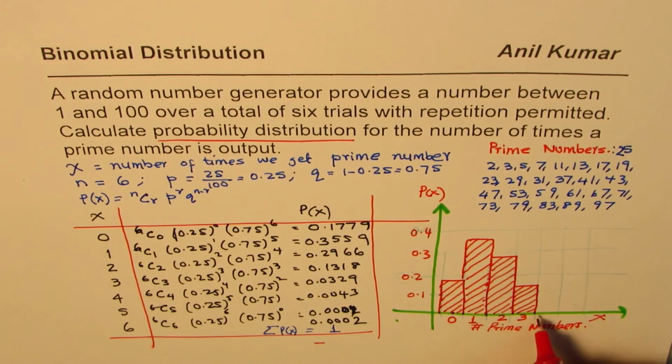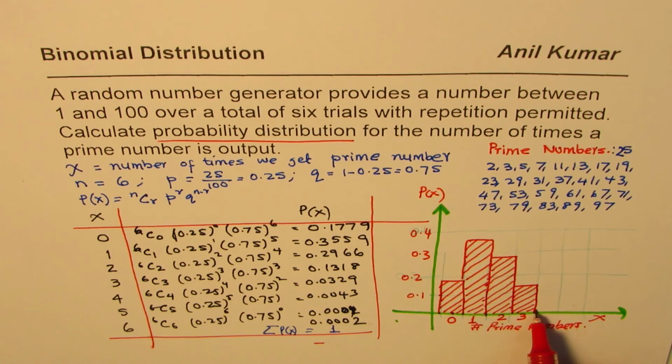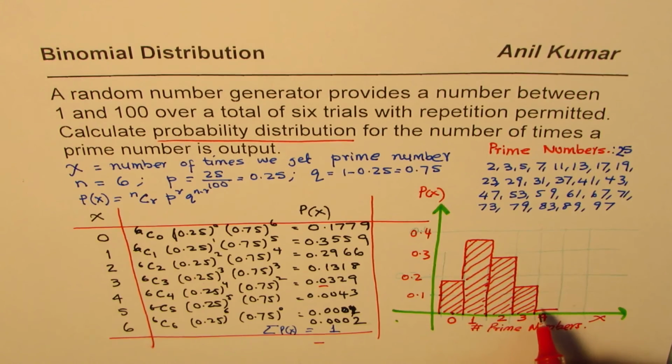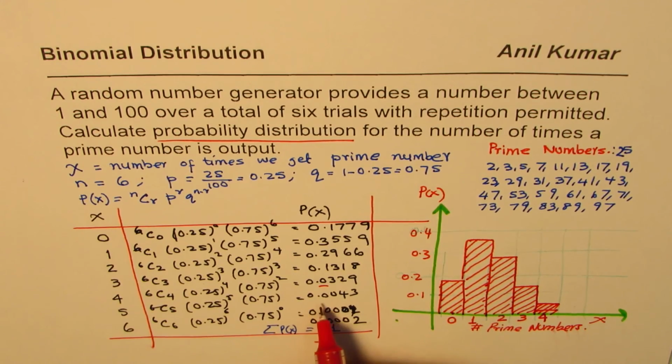For 4 it is slightly higher, 0.03, so maybe here. That is for 4. And for 5 it is 0.004.